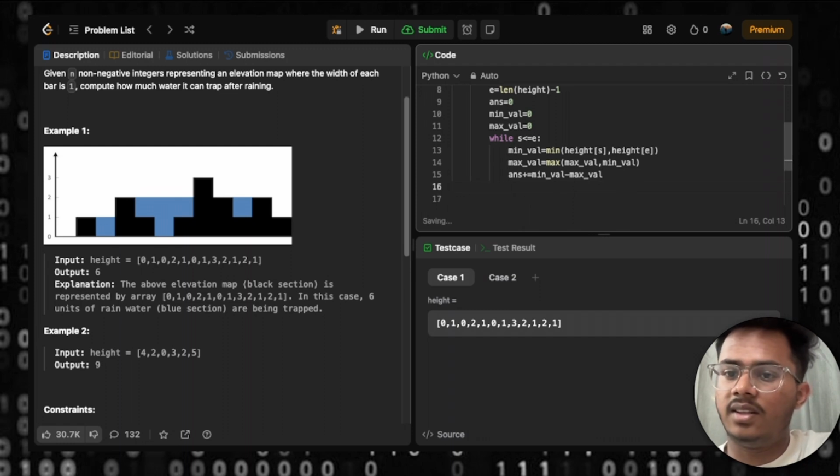After that, we will take an if statement comparing the height of the starting point with the height of the ending point.